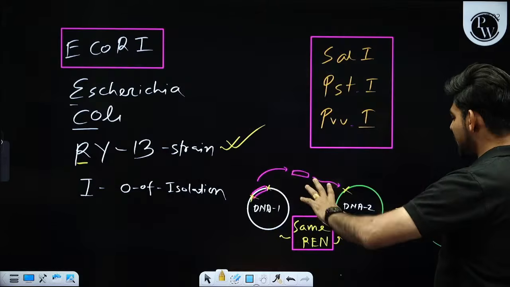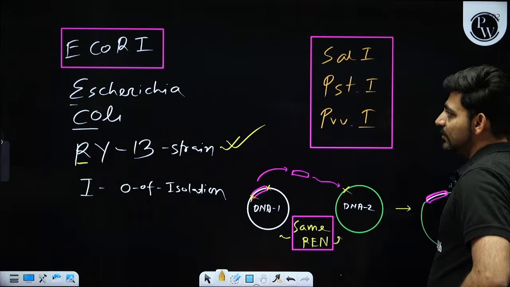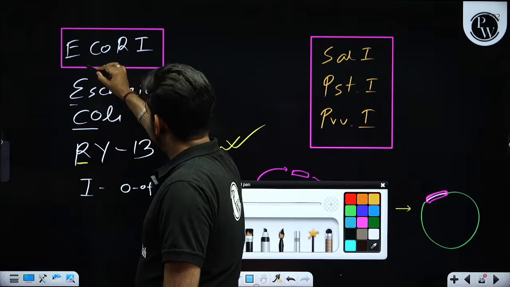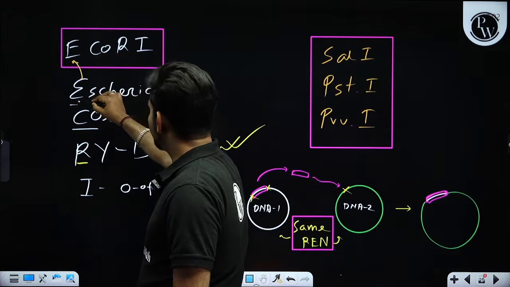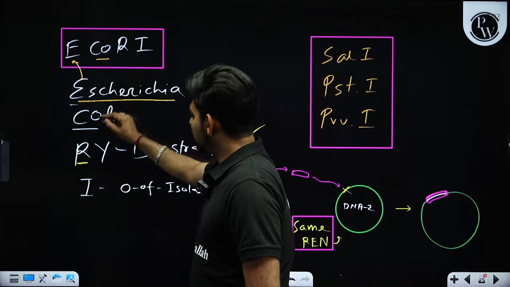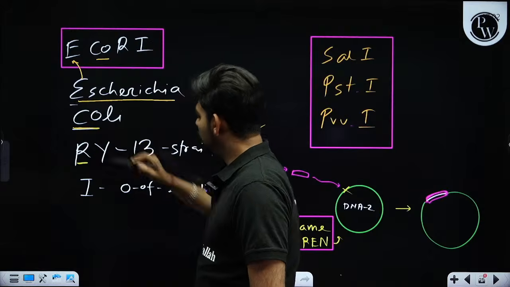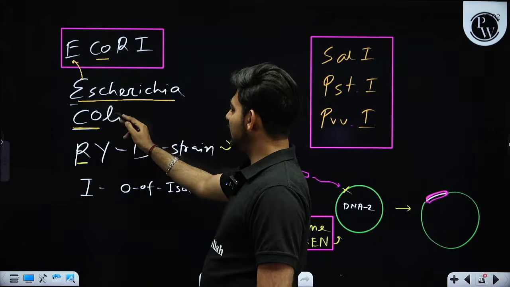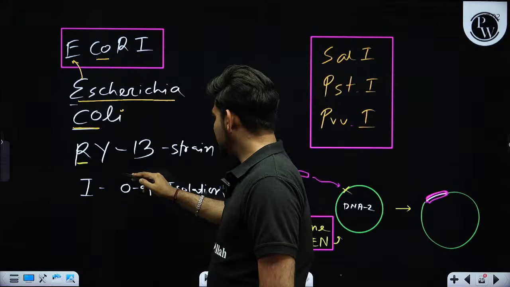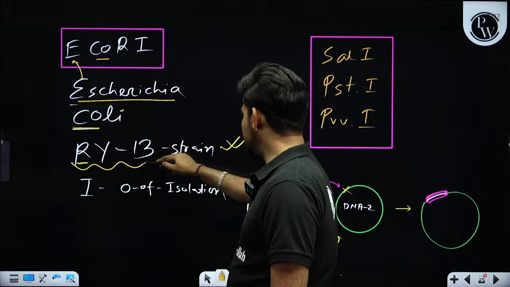This slide is telling the similar kind of thing. If we check the name of EcoR1, E is taken from Escherichia, the genus name. CO is taken from the specific name coli. R is taken from the strain called RY13.